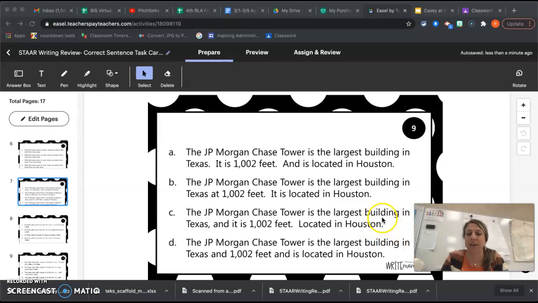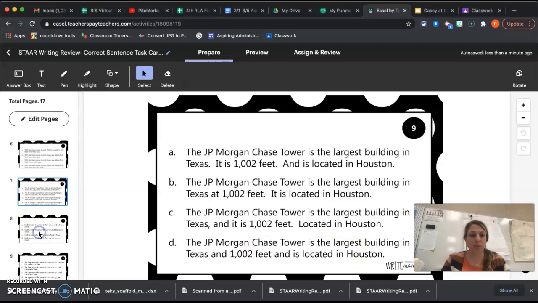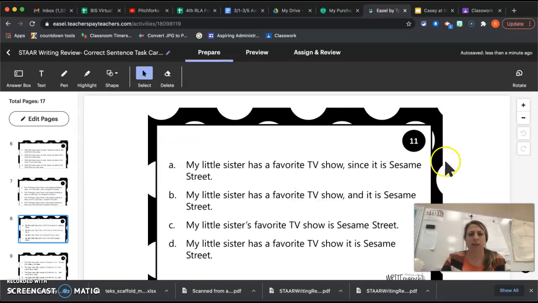So I'll put an F right here, and we would not want to pick an answer choice that has an F with it. D, the JP Morgan Chase Tower is the largest building in Texas in 1,000 feet and is located in Houston. That, my friends, is what we call a run-on sentence. So I would put an R beside that for run-on. So again, this is just a good example of sometimes two sentences is the correct answer if they're both complete.